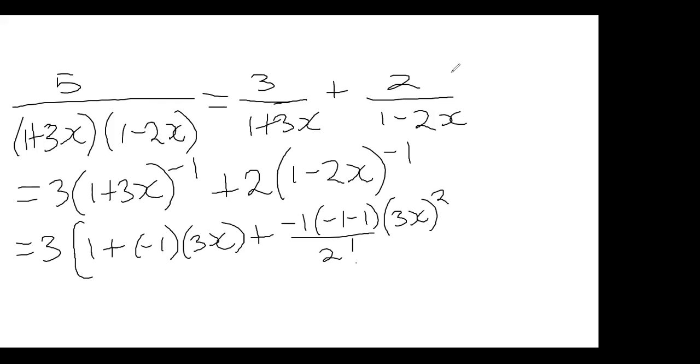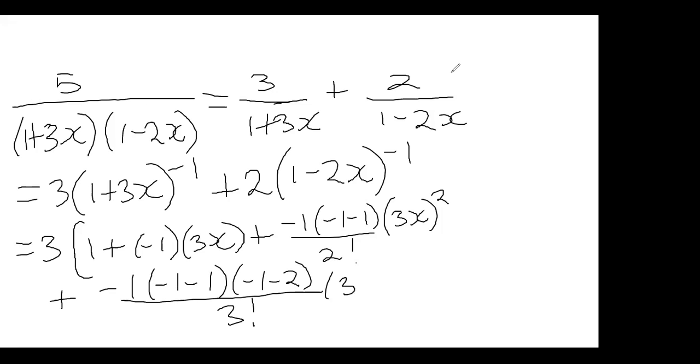Plus negative 1 times (negative 1 minus 1) times (negative 1 minus 2) over 3 factorial, (3x) to the power 3. Okay, we are cutting off very soon. So continue from there when we join back.